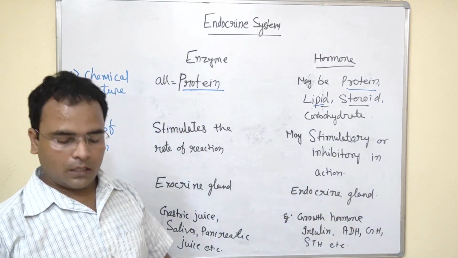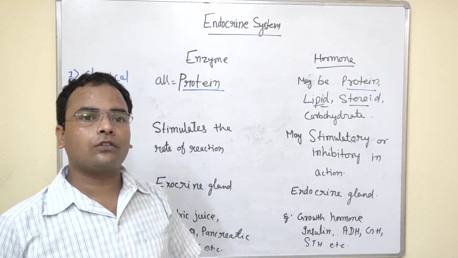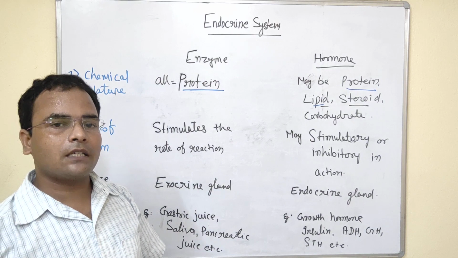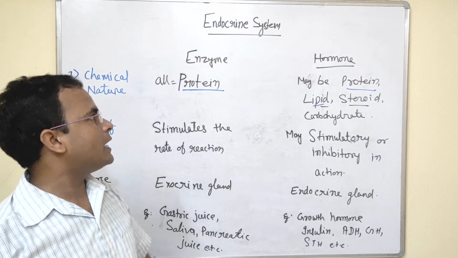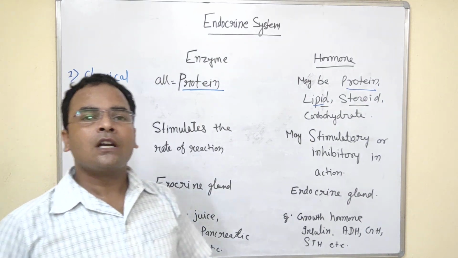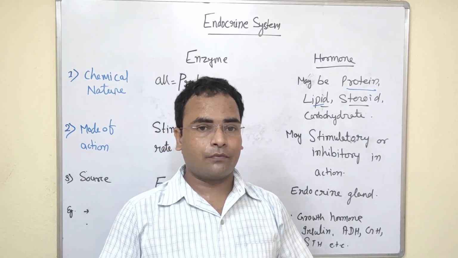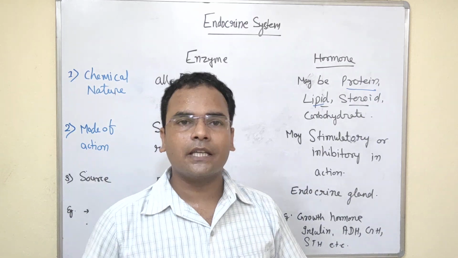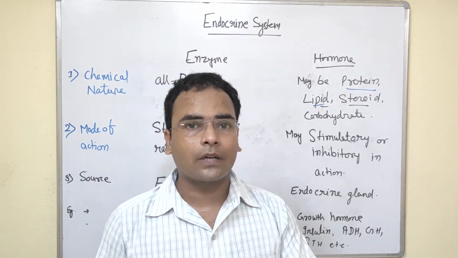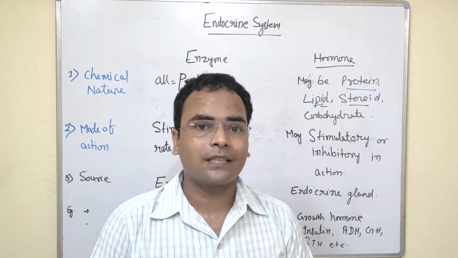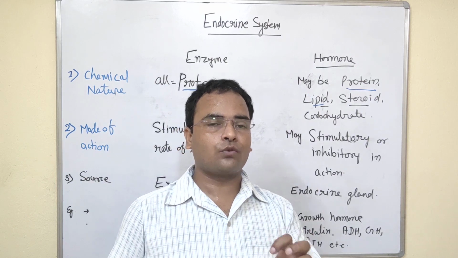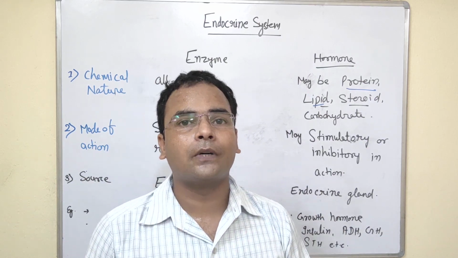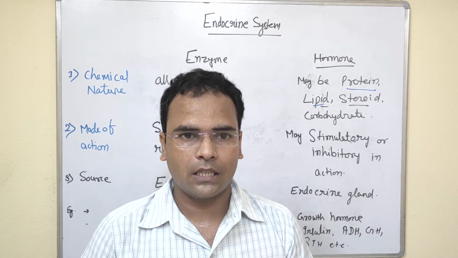So this is the introduction to the exocrine glands and the endocrine system. Today we have studied the differences between the different types of gland: what the exocrine gland is, what the endocrine gland is, what a heterocrine gland is, and their primary constituents and properties.